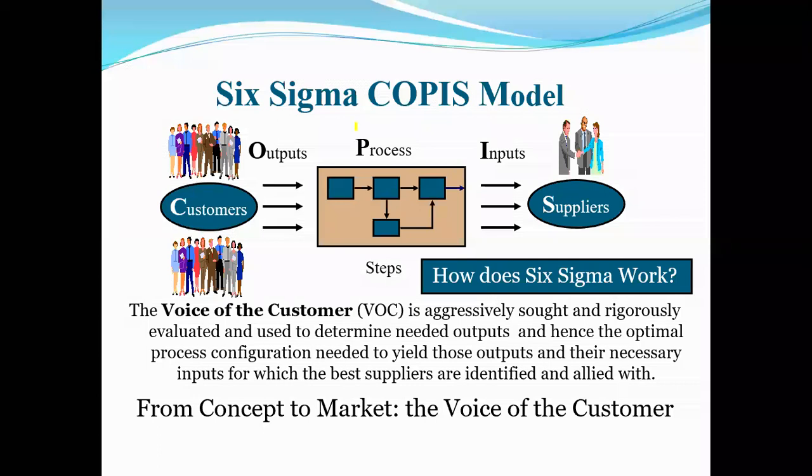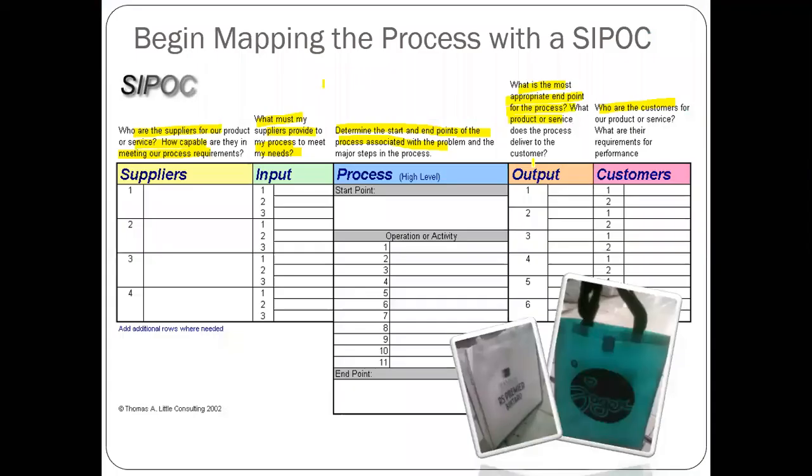Another model similar to the SIPOC model is called COPIS. Actually, COPIS is the reverse flow. It's C for customer, O for output, P process, I input, S supplier. So it's just the reverse flow of the SIPOC just now.